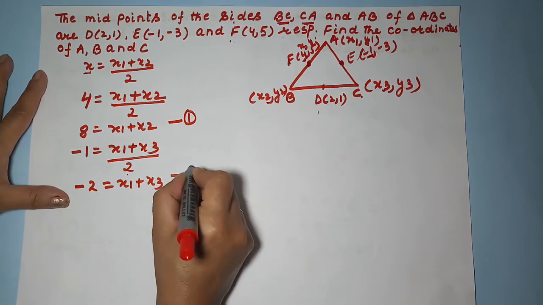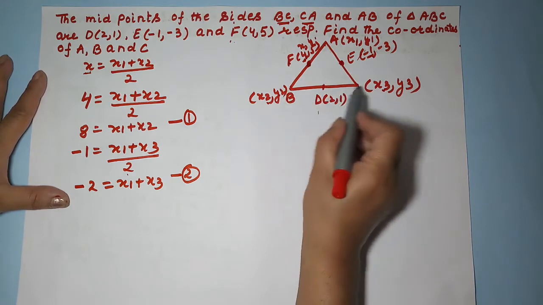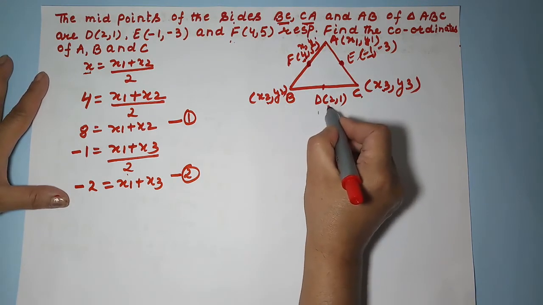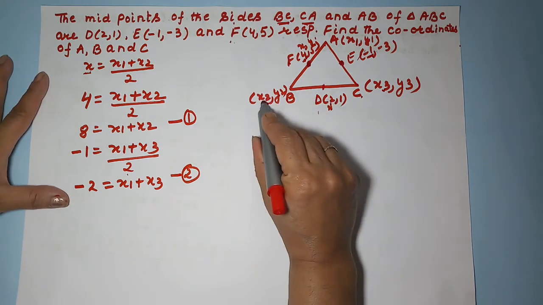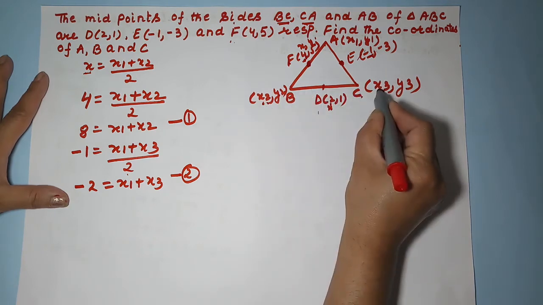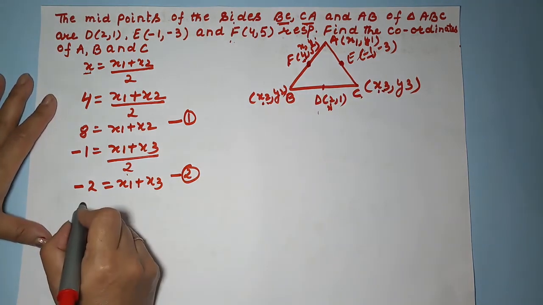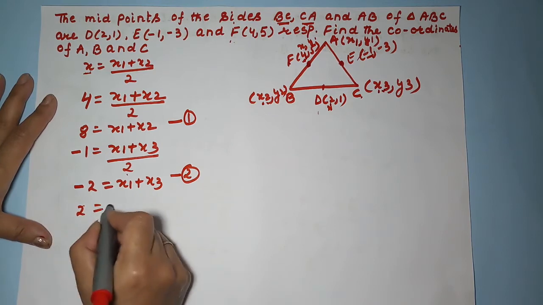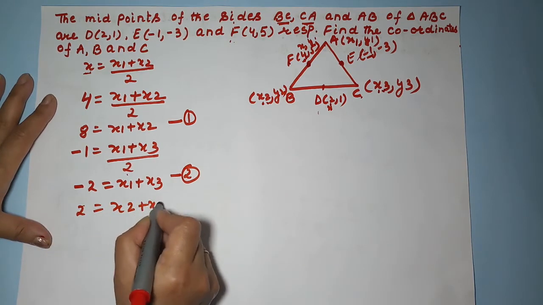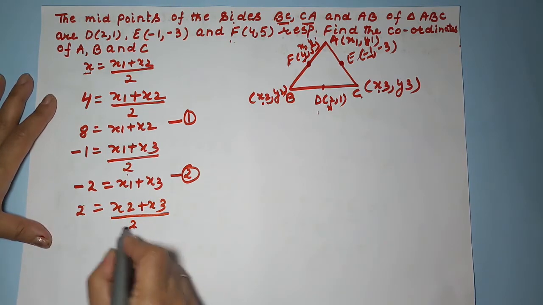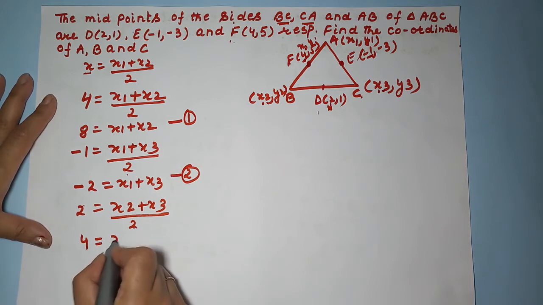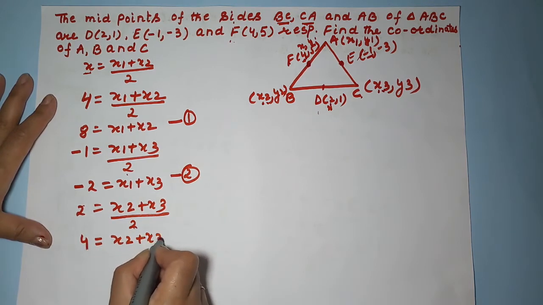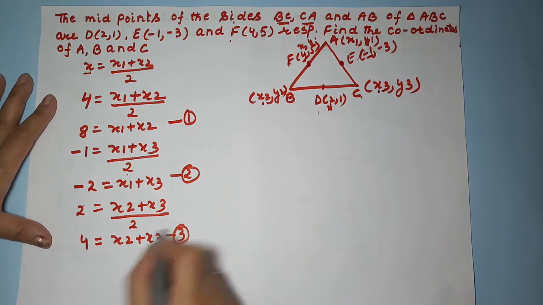This is my second equation. Now let's move to this line. This x coordinate 2 will be equal to x2 plus x3 by 2, right? So 2 2s are 4 is equal to x2 plus x3. This is my third equation, right?